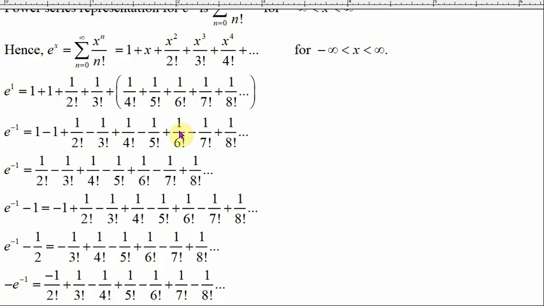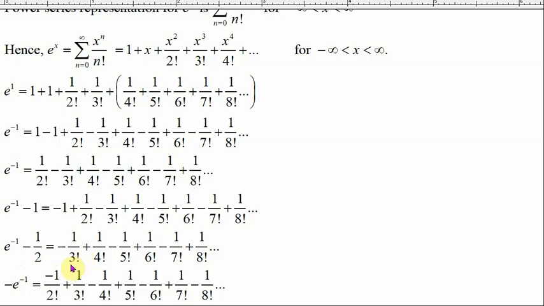And then from here, if we just subtract 1 from both sides, we get e to the negative 1 minus 1 is equal to the infinite sum starting at negative 1. And then from here, if we move this 1/2 to the left side, then we get e to the negative 1 minus 1/2 is equal to this infinite sum that starts with negative 1 over 3 factorial.